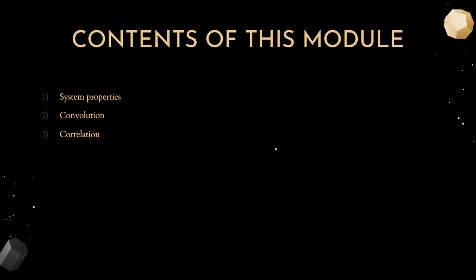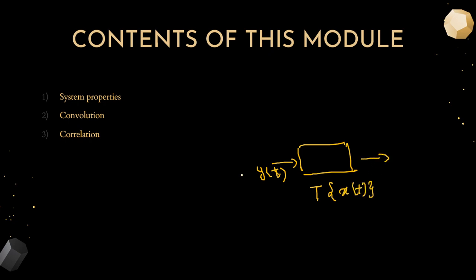So, the basic introduction to this is what is a system? A system is a device or anything that takes in an input signal. It performs an operation on it, which we denote by T on x of t, where x of t is the input, and it gives us an output y of t.